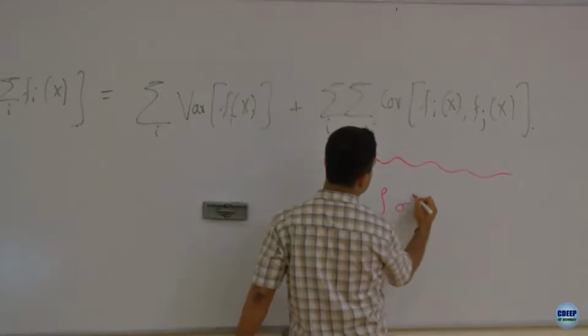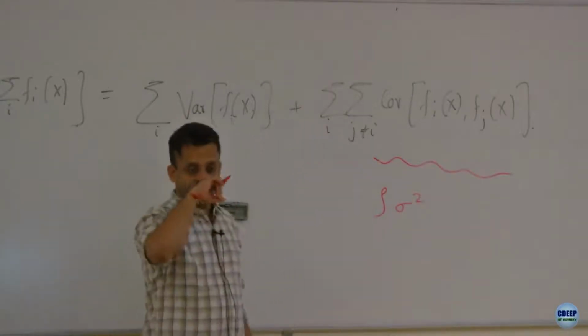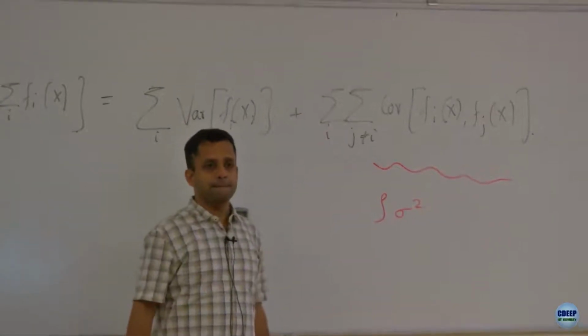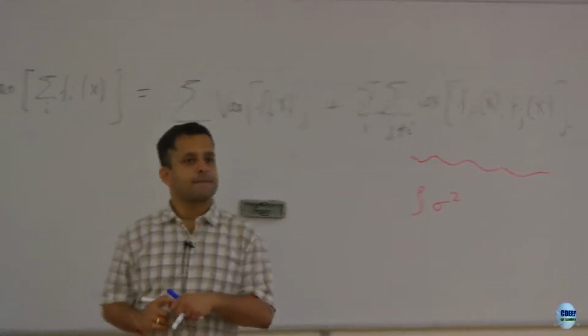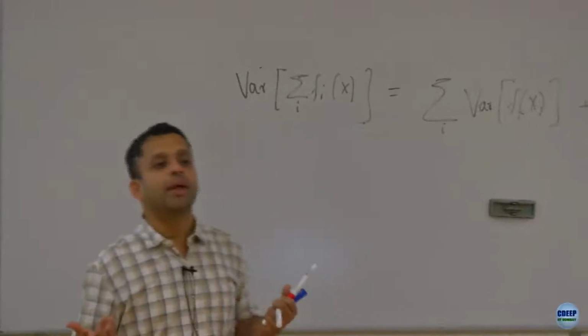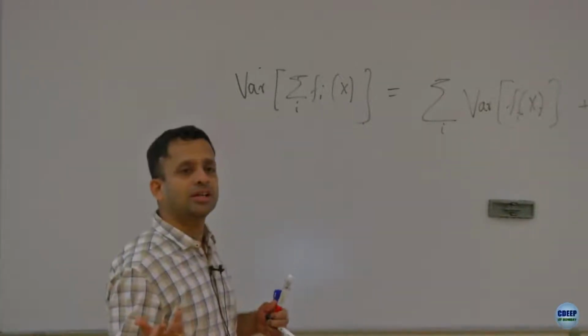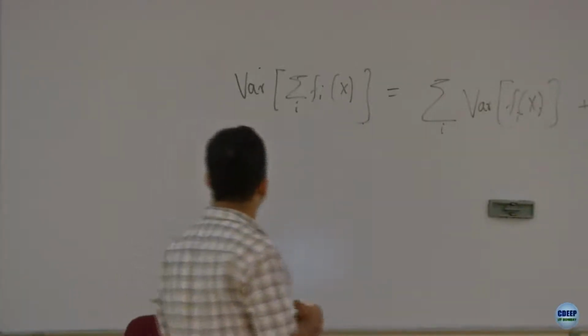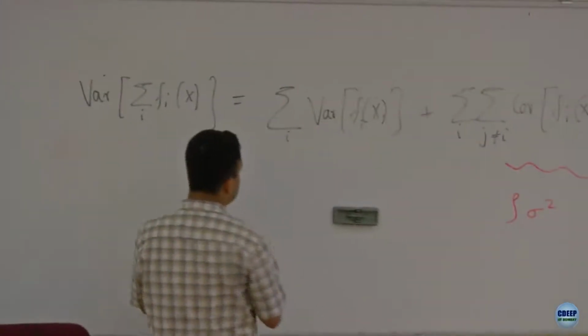Rho times sigma square. So this will be rho times sigma square. Is that correct? How many times? n? Sorry? Right.